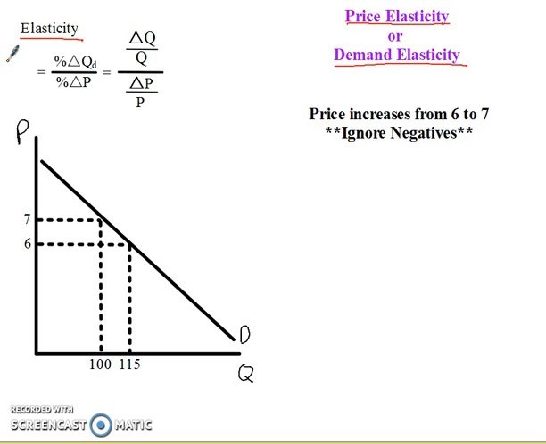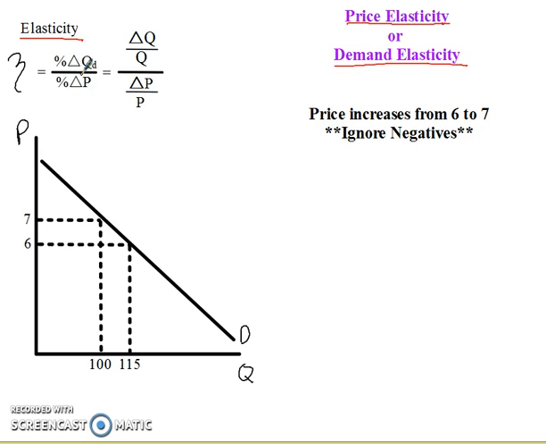So first of all, let's write our symbol for elasticity. It looks like that. That's a Greek letter. I don't remember what it is, but this is what represents elasticity for economists. So elasticity is the percent change in the quantity demanded divided by the percent change in the price.